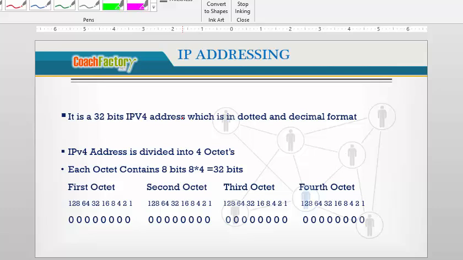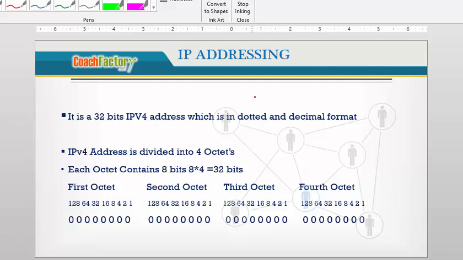Apart from the IP address, a computer also has something known as a MAC address. That MAC address is known as the physical address, and the IP address is known as what? Logical address. So the main difference between the IP address and MAC address is that the IP address is the logical address and the MAC address is the physical address.